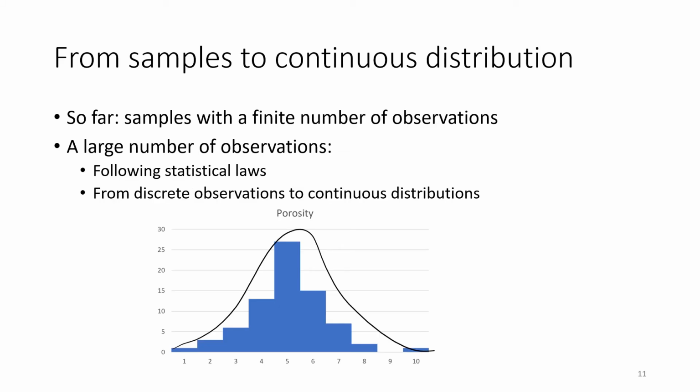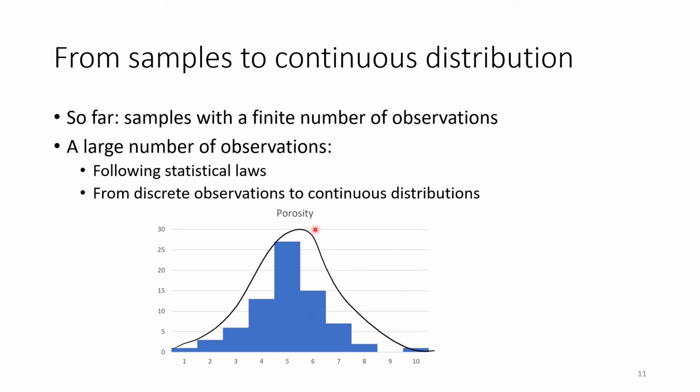When we have those samples, and especially when we're talking about variance and standard deviation, most of you already know you can make a transition from those discrete numbers of samples towards a continuous probability distribution. The idea behind it is that if you have an infinitely large number of samples, those samples will follow statistical rules, meaning a continuous probability distribution.